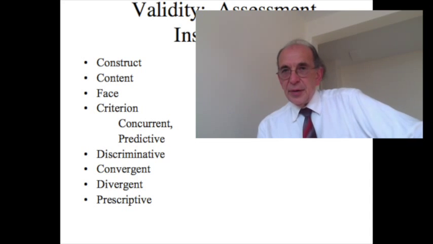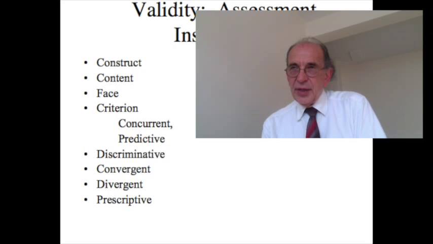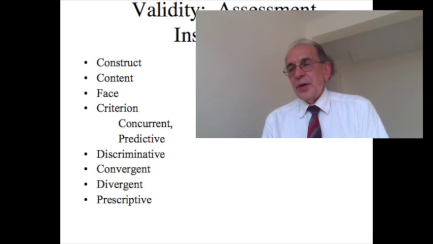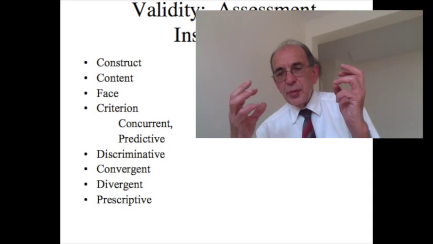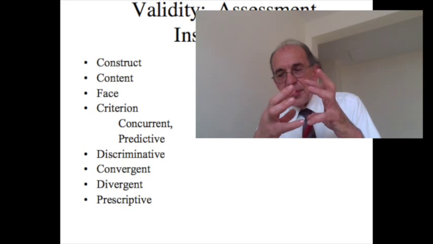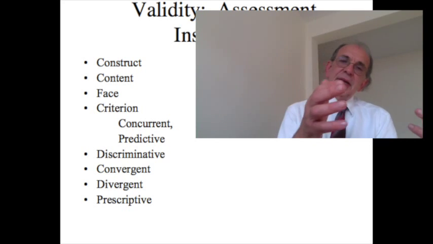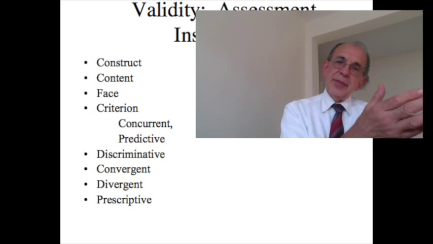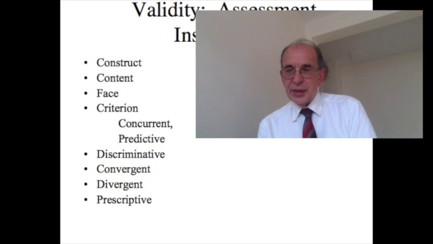For example, again, syntax items, which may be sentence imitation items, and perhaps those morpheme items like one cat, two, and the child is supposed to say cats. Today I go to the store. Yesterday I went to the store. That's another way that performance on the morpheme subtest should converge with the sentence imitation subtest, and diverge from the vocabulary assessment and the word definition components on the assessment.